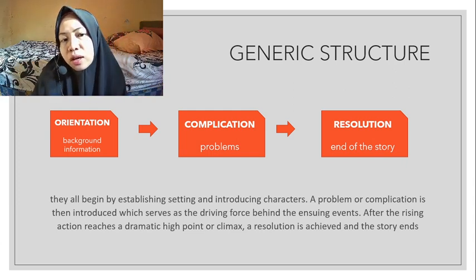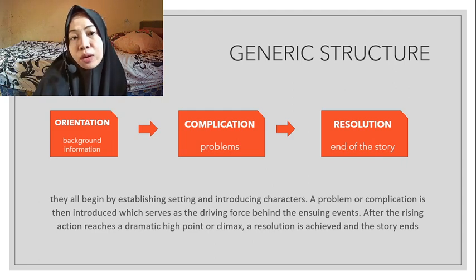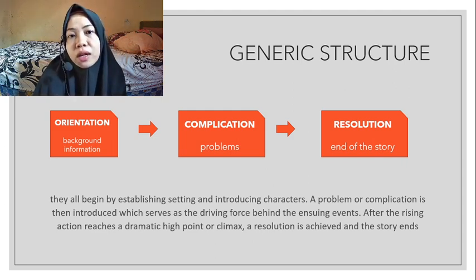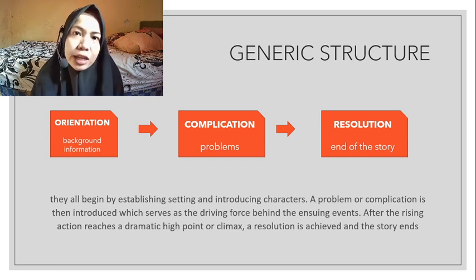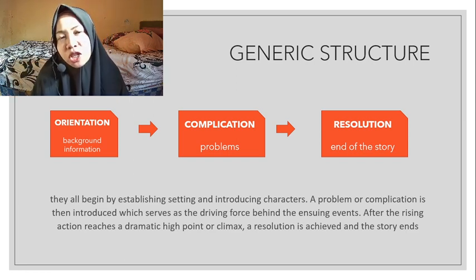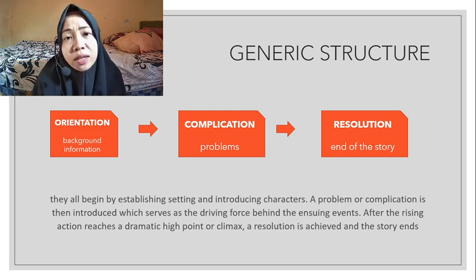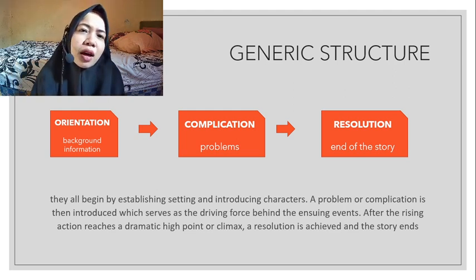The orientation is the background information of the story that you will create. So this background information consists of all the information that you can give about the characters, the settings, times, or the main elements or main characters of your short story.